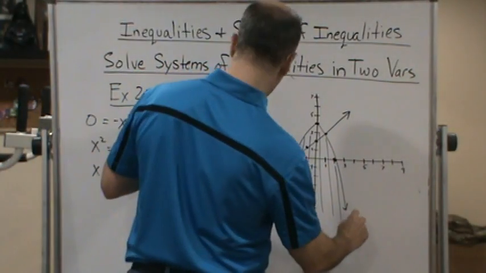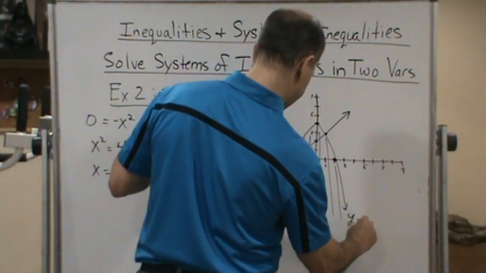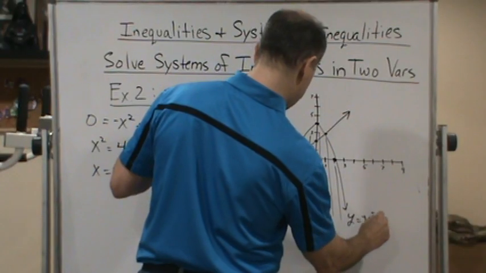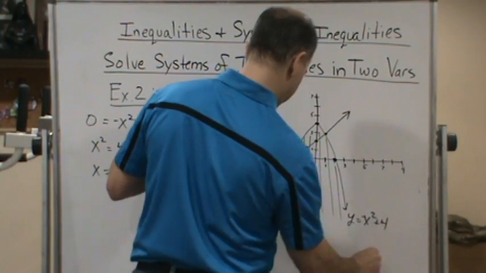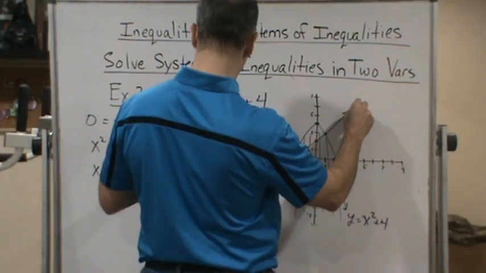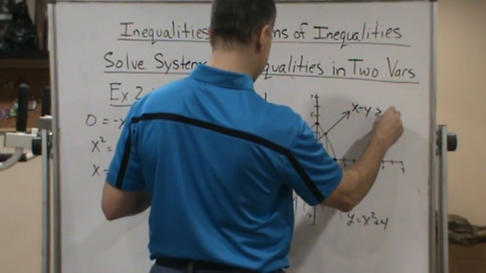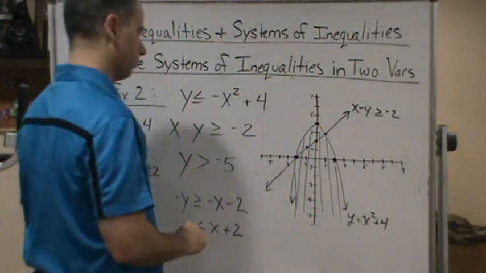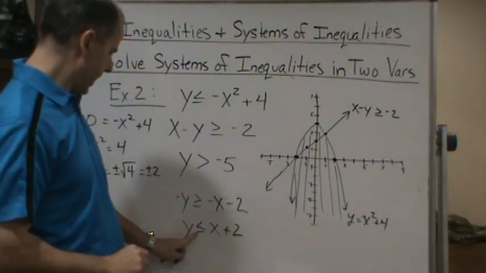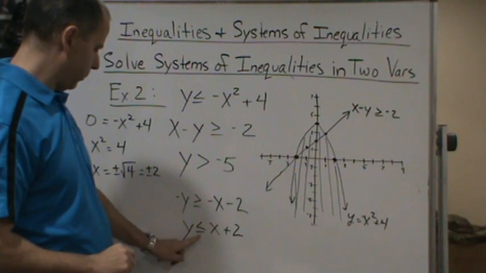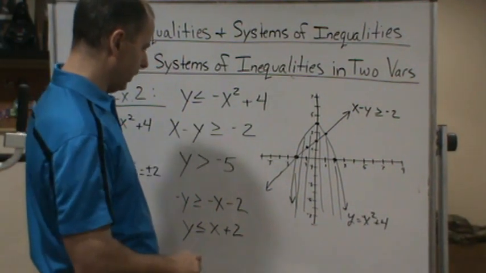So here's the equation, y equals negative x squared plus 4. And here's the equation, x minus y is greater than or equal to negative 2. And since it's less than or equal to down here, now that we solve for y, we know we're going to be below the line.